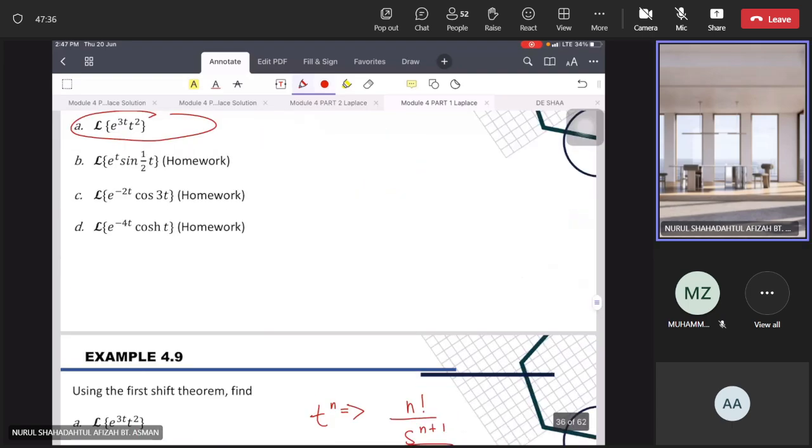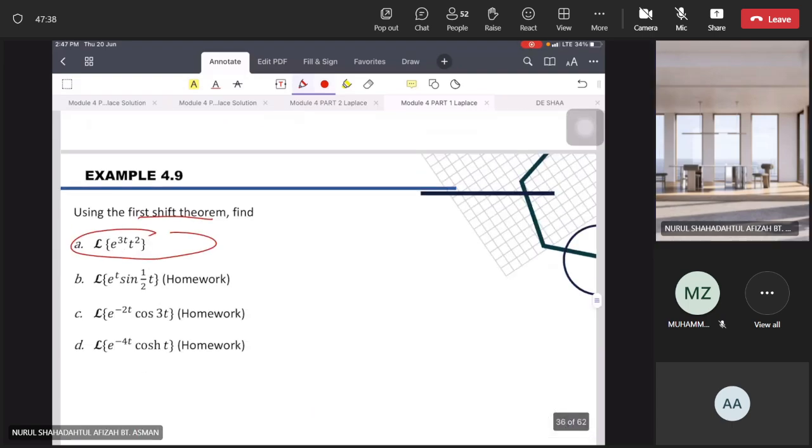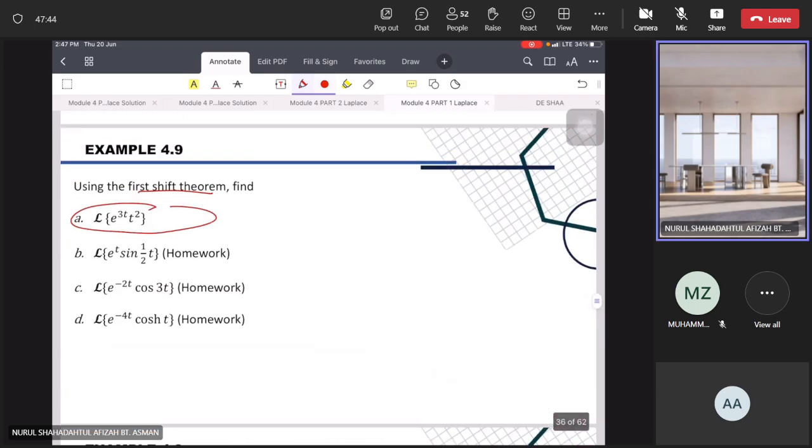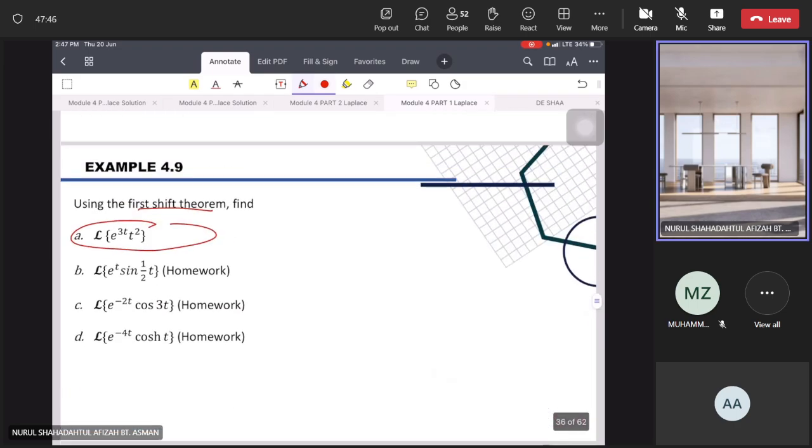So next example, e^t sine (1/2)t. Yeah, I'll try to do only one example for this homework.